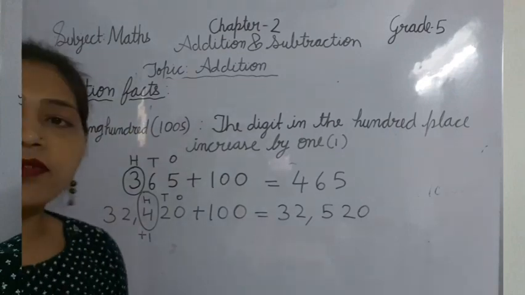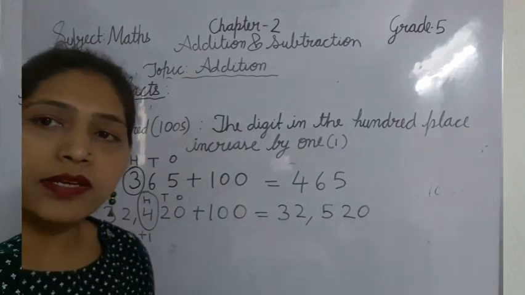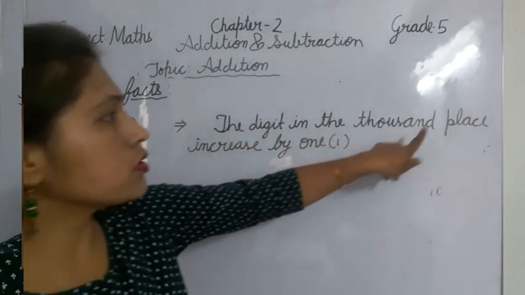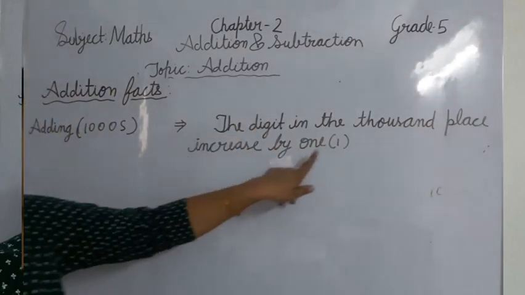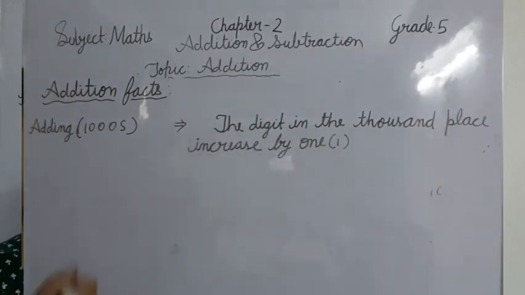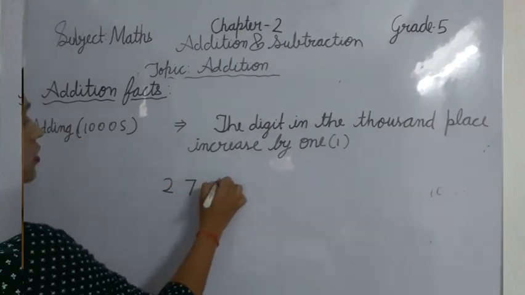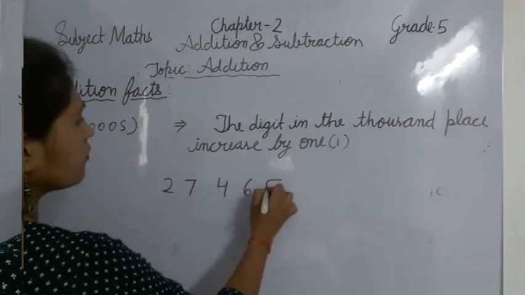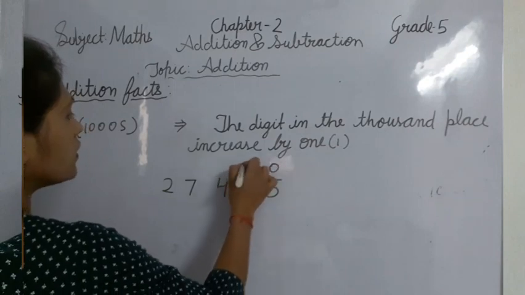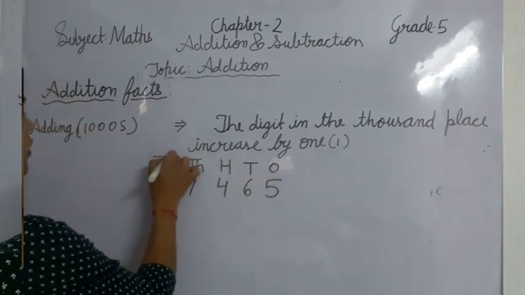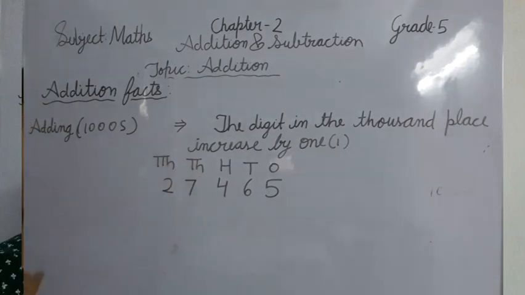Now what happens when we add thousands to any number? The digit in the thousands place increases by 1. Okay. So same way, let's take one example here. 27,465. Mention the places: ones, tens, 100, 1,000, 10,000. So what is the number on the 1,000 place?